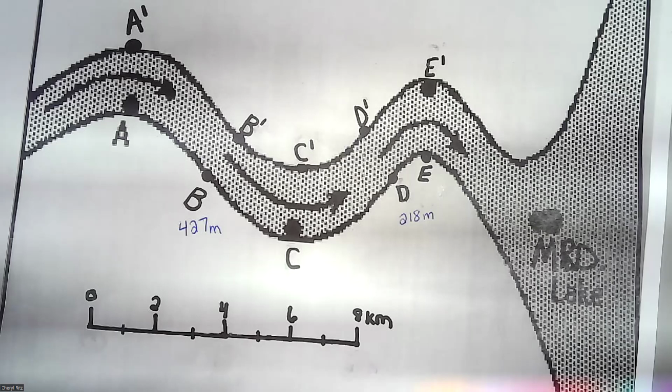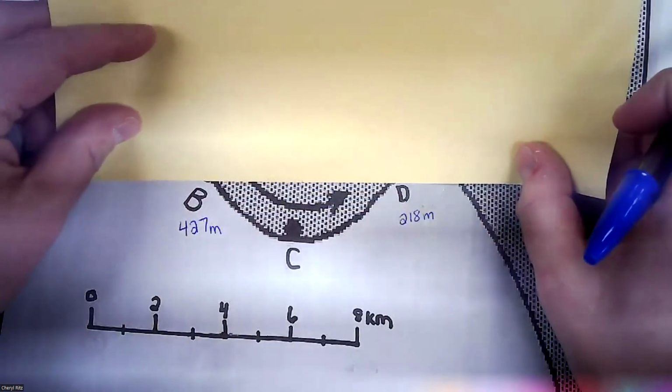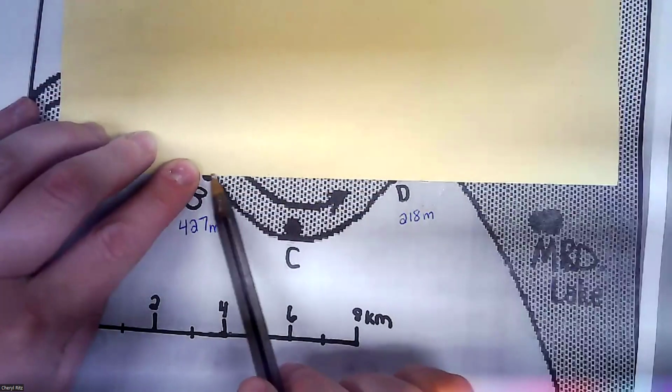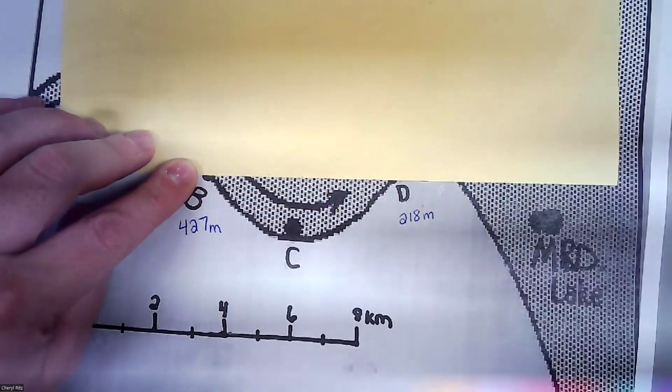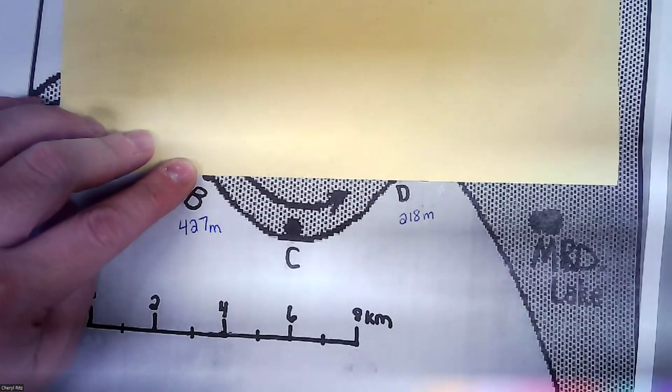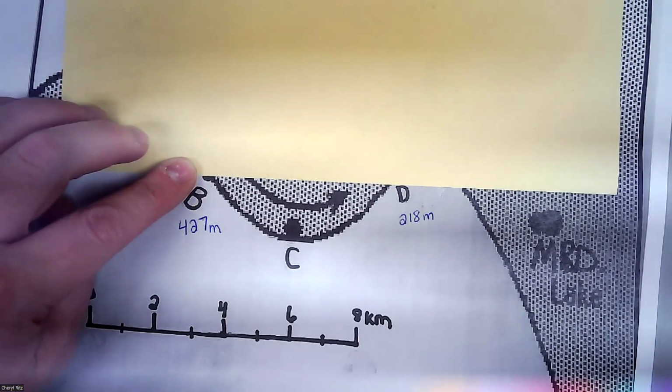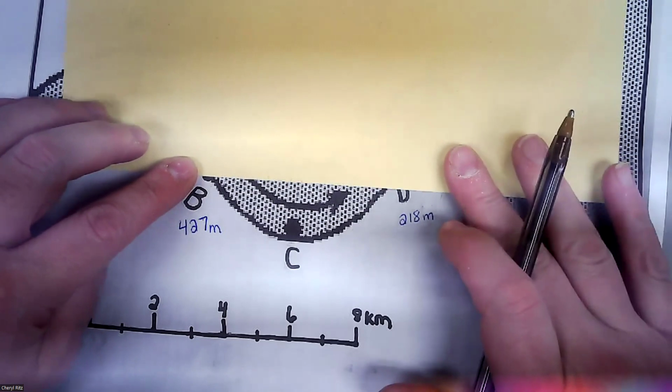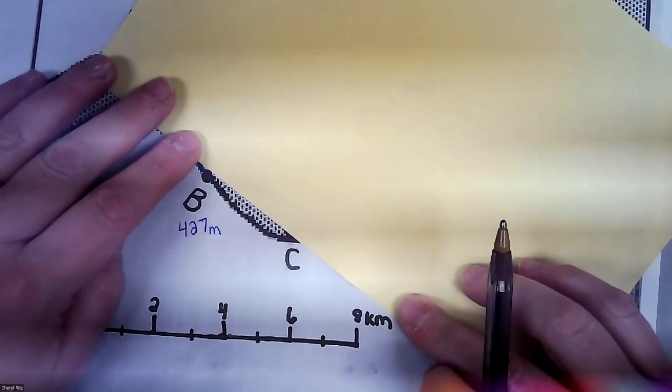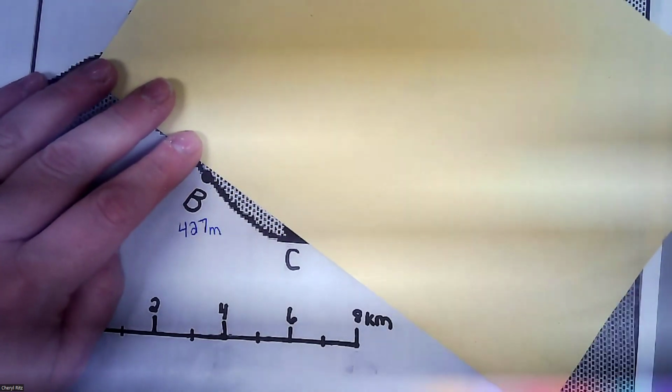There's a curve. So how the water works is the water isn't just going to go a straight path from B to D. So we have to figure out how to best estimate the distance from B to D the way the water would actually flow. So to do that, we kind of have to follow the curve as best we can.